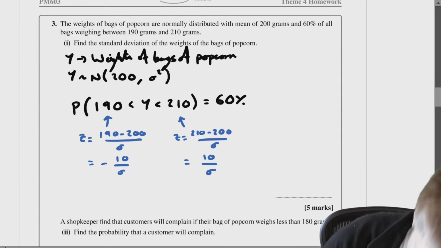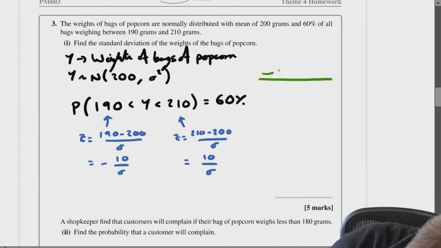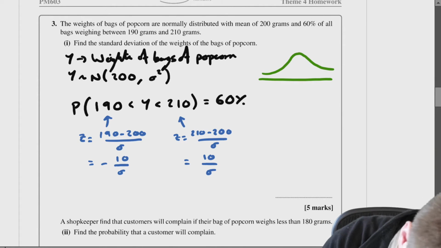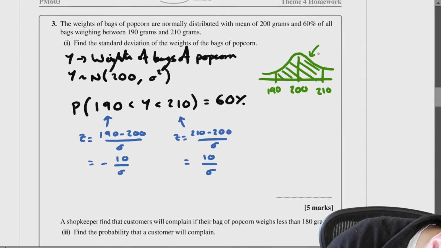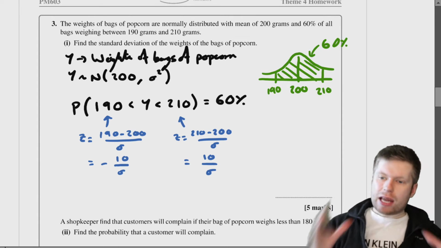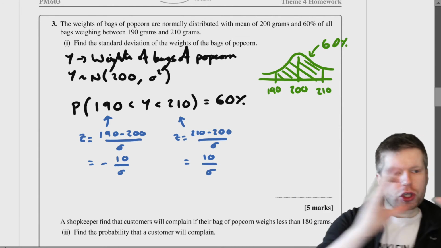Which means if I draw a normal curve out, I have 200 in the middle, and I'm looking for a value between 190 and 210. I know that this region should be equal to 60%, and I also know that this region is symmetric around the mean, so it's not pushed over to one side.